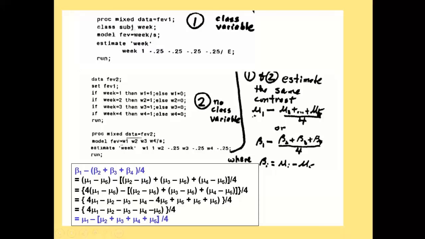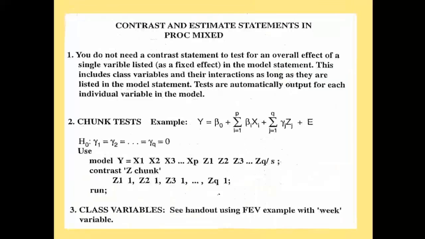I mentioned it last time, but I want to see if you remember. You notice there's no contrast statement, but something is going to be automatically tested. You do not need a contrast statement to test for an overall effect of a single variable as a fixed effect in the model statement. This includes class variables and their interactions as long as they're listed in the model statement. Tests are automatically output for each individual variable in the model.